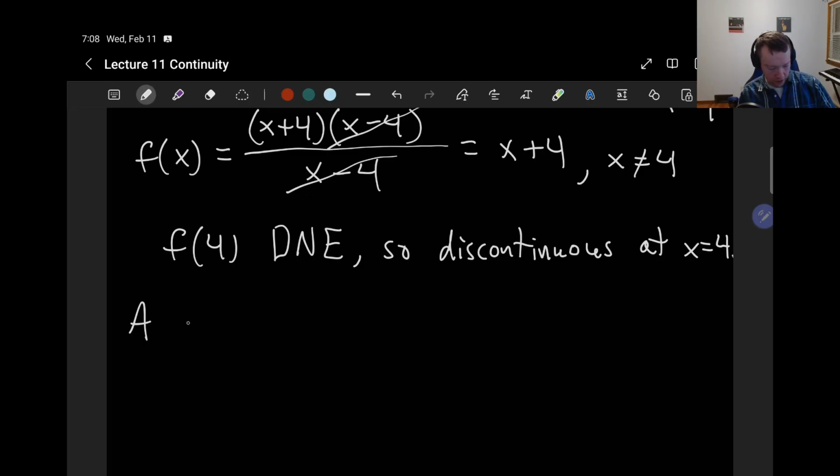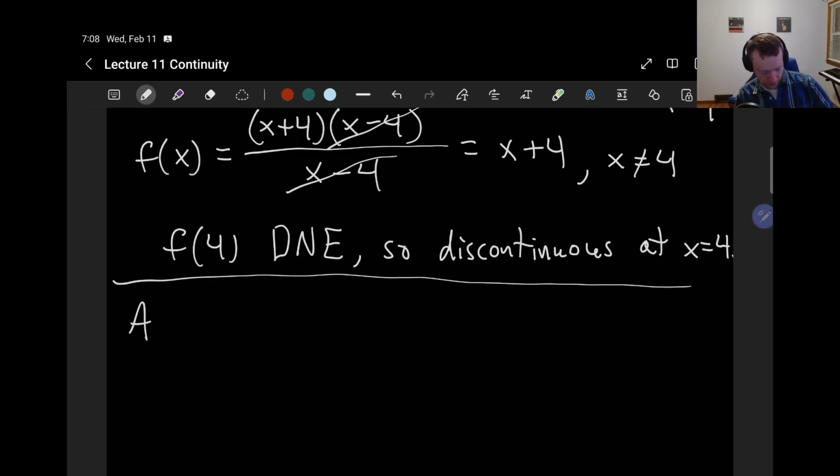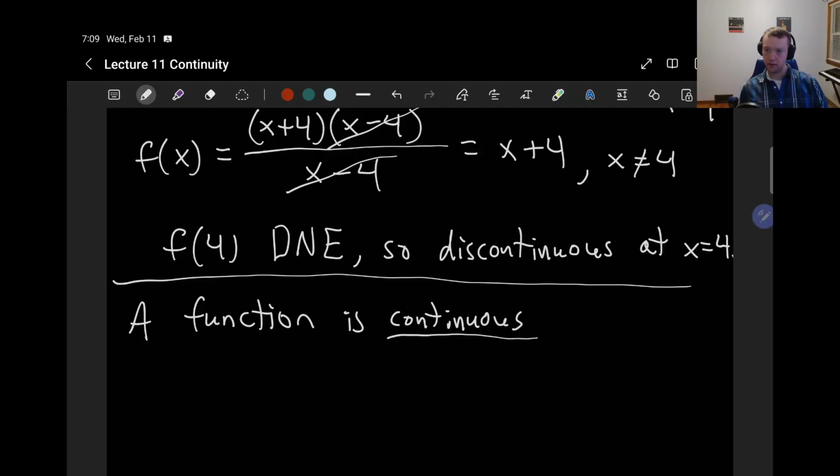Now, talking about a function more broadly, a function overall is continuous, so this is something new. We're not just talking about continuous at a point, but just the function is continuous itself if it's continuous at every point.